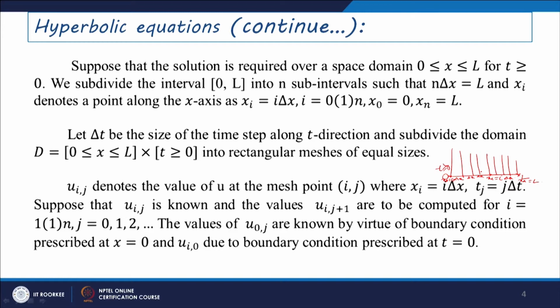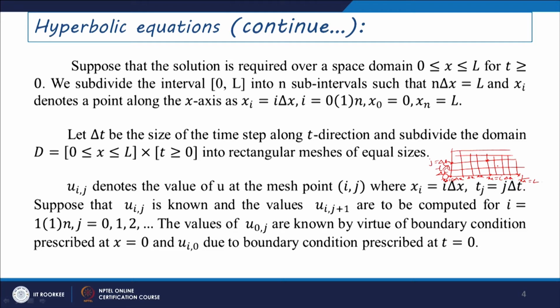If we consider the time increments, suppose del t is the small time increment in the first level, and we proceed with steps of del t in each step. After the jth step, the time has moved up to the level j del t. If we want to find the unknown at a level i, j plus 1, then the values of u at the jth level should be known to us.